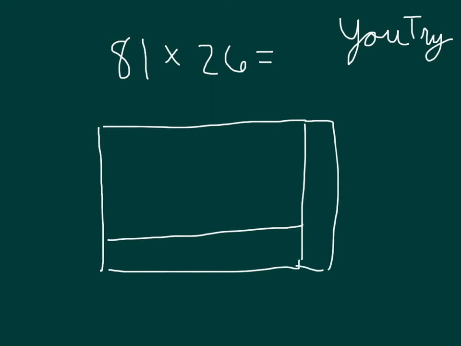So here's the area model, where we have 81 broken down into 80 and 1, and 26 broken down into 20 and 6. Go ahead and write out the products within each. And when you are done doing that, remember to add them together. Pause the video.